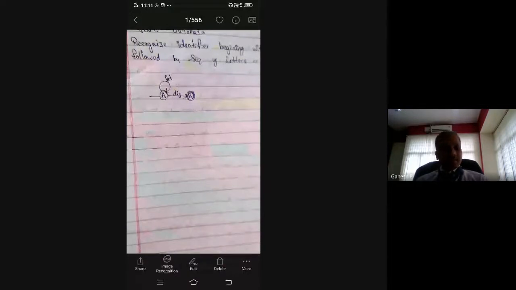Any characters should be valid. So a self loop is not advised here for the initial state. You can rewrite and show, Maithili. Yes, sir.